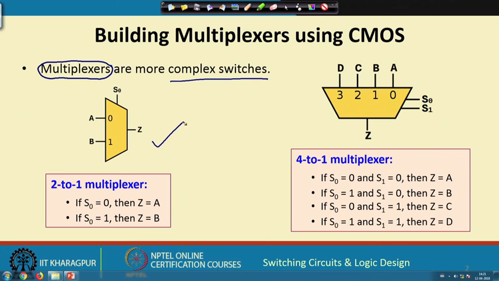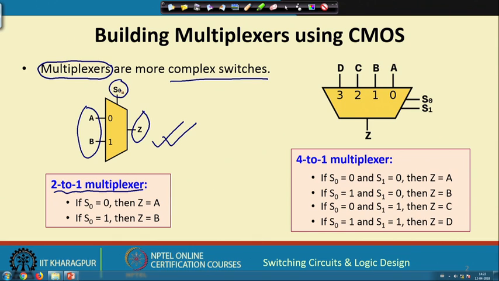Here we have a simple example. This is called a 2 to 1 multiplexer. 2 to 1 means there are two inputs A and B, and one output Z. The way a multiplexer functions is that one of the inputs will be copied to the output. Which input depends on the so-called select line.